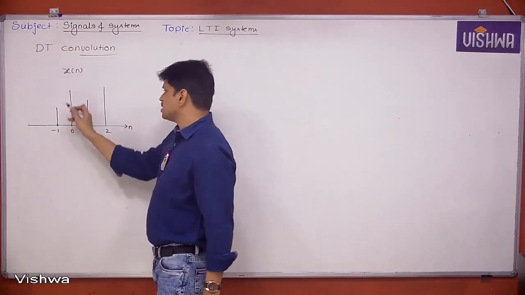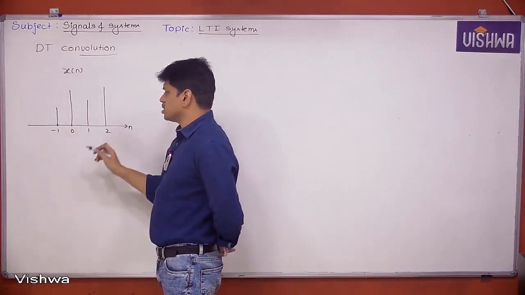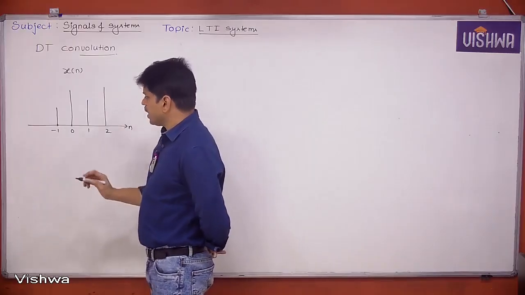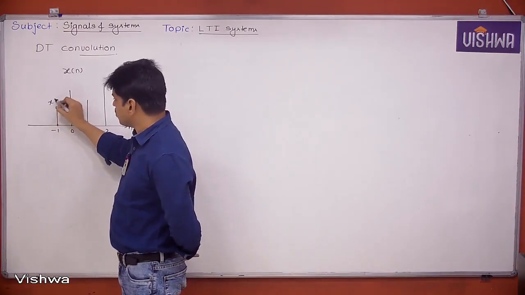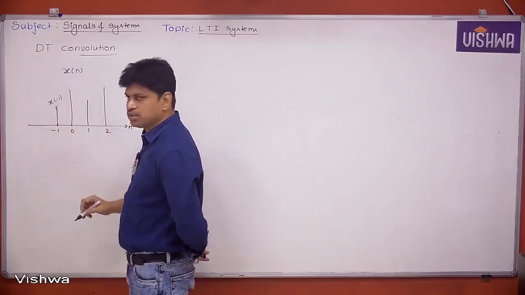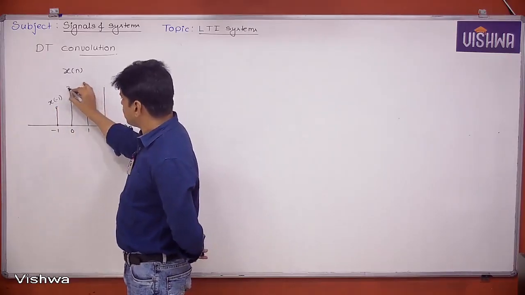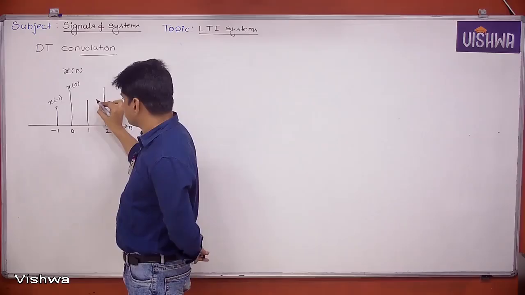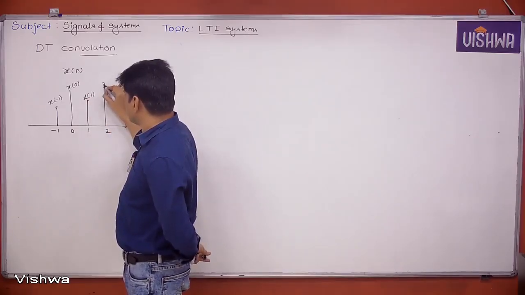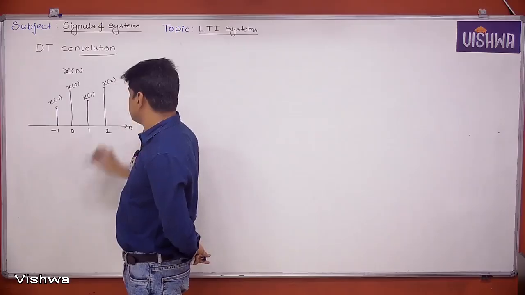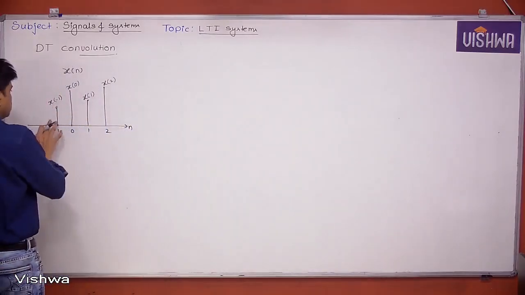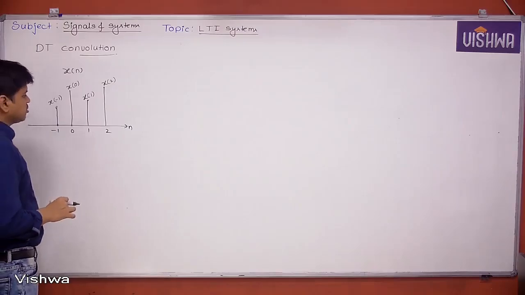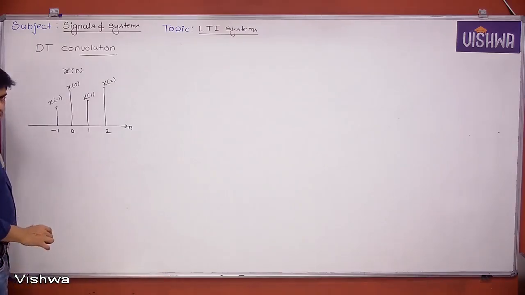I don't know the exact values at minus 1, 0, 1, 2, so I can call them x of minus 1 at minus 1, x of 0 at 0, x of 1 at 1, and x of 2 at 2. This is the input x of n in the form of x of minus 1, x of 0, like that. Now try to understand what I am doing.